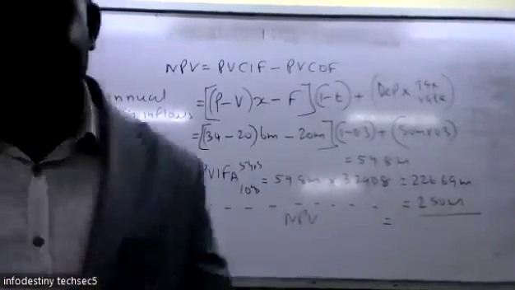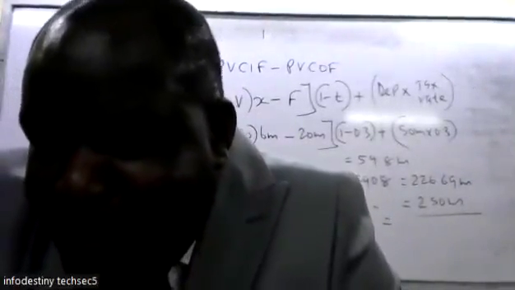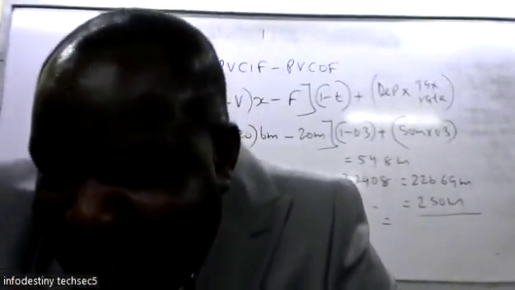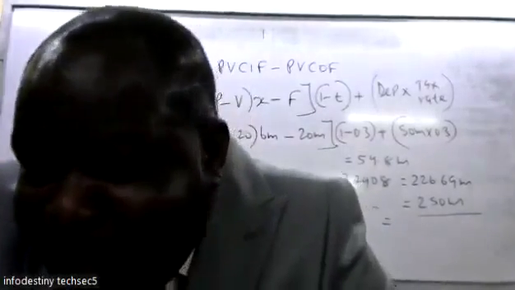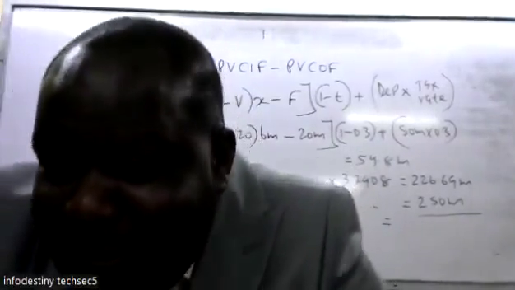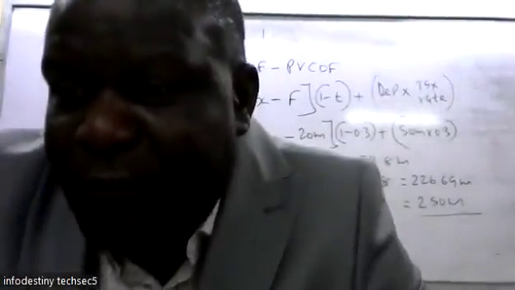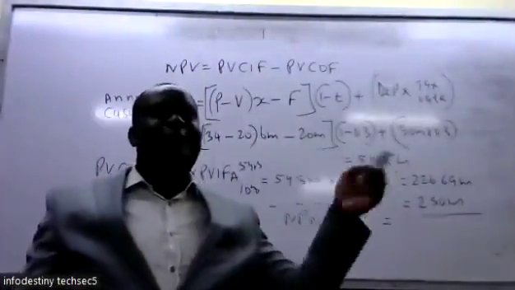Someone is asking, why are we multiplying depreciation by the tax rate? I explained in detail. I gave you an example of a cash flow statement where I said you start with what?